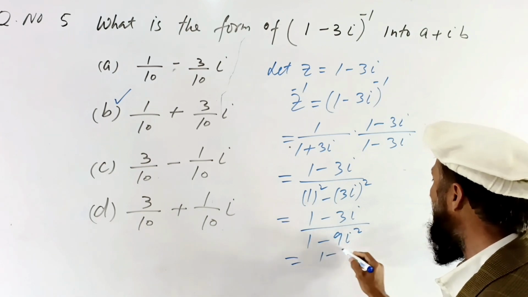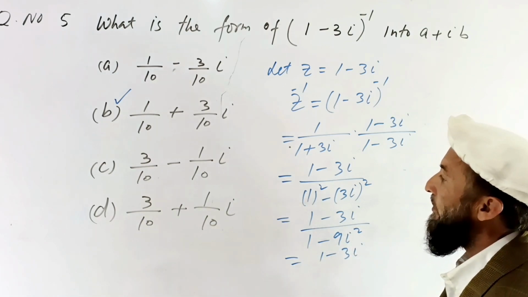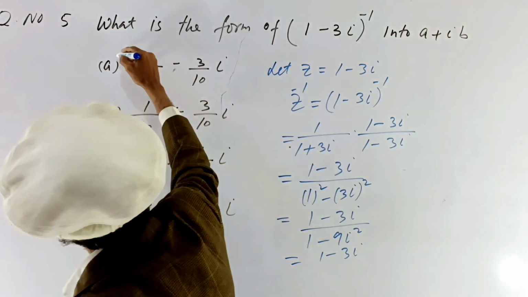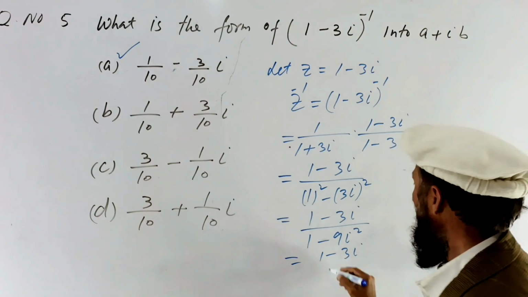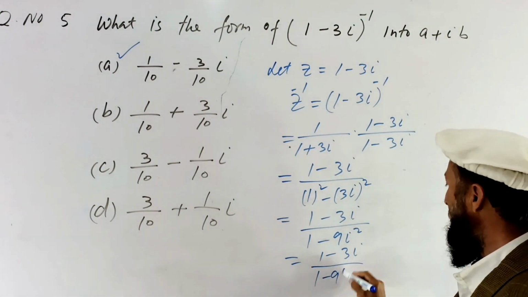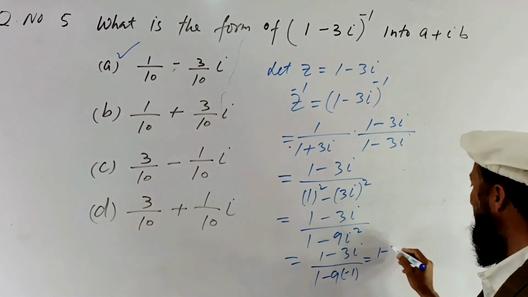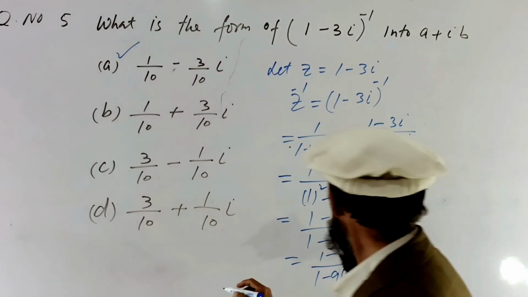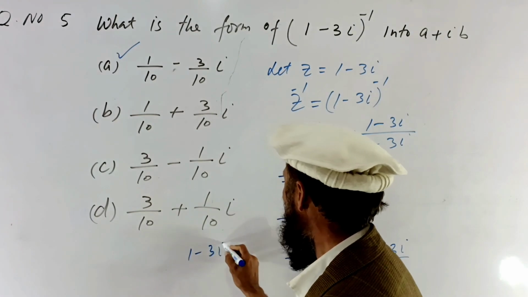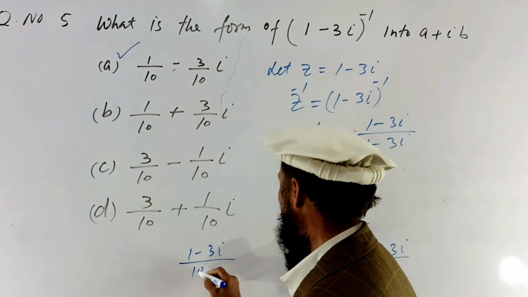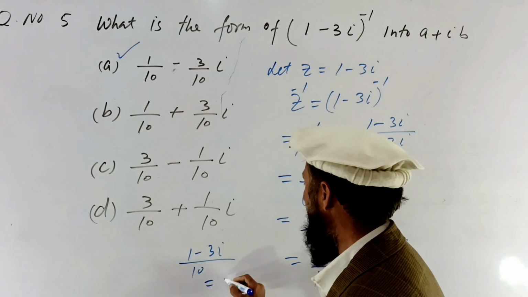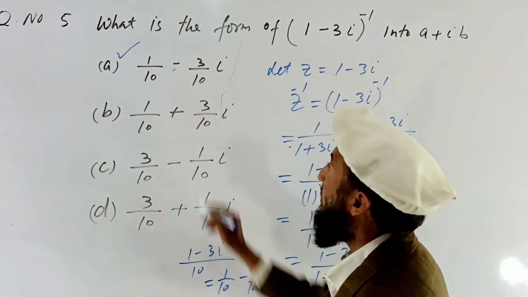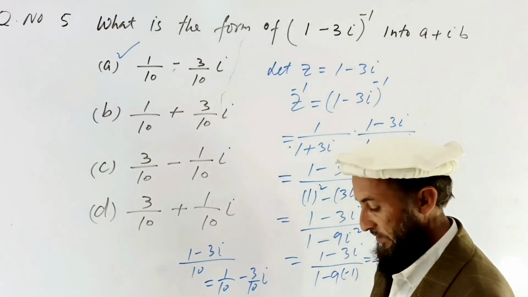That is 1 minus 9 into minus 1, so 1 minus 3 iota divided by 1 plus 9, which is 1 minus 3 iota divided by 10. Separating this, we get 1 divided by 10 minus 3 divided by 10 iota. The first answer, A, is correct.